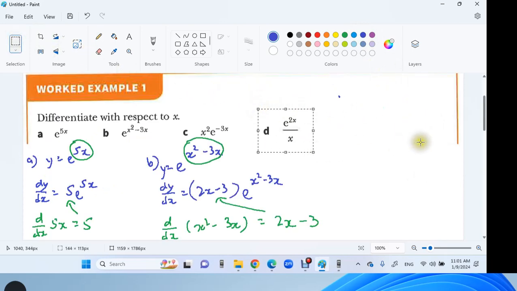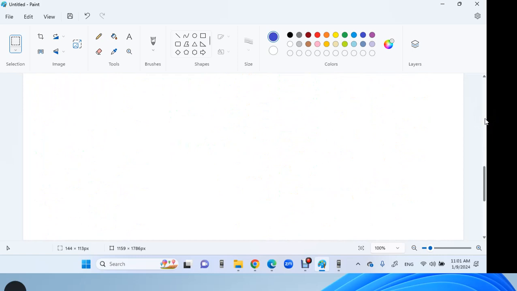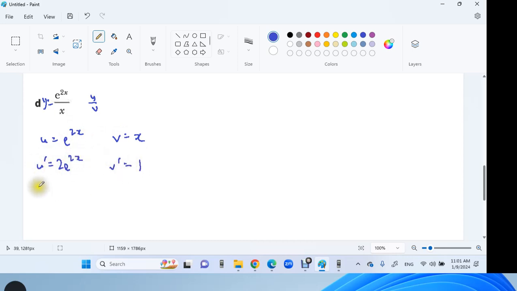So for d, we have u over v. The u is e to the power 2x, the v is x, then u prime is 2e to the power 2x, and v prime is 1. So dy/dx is vu prime minus uv prime over v squared.